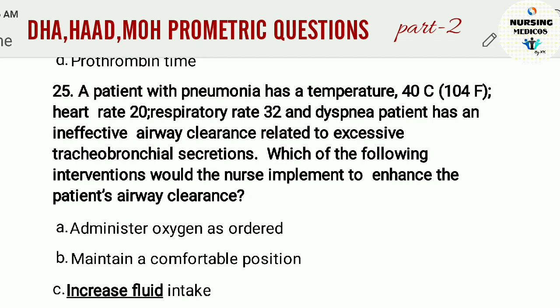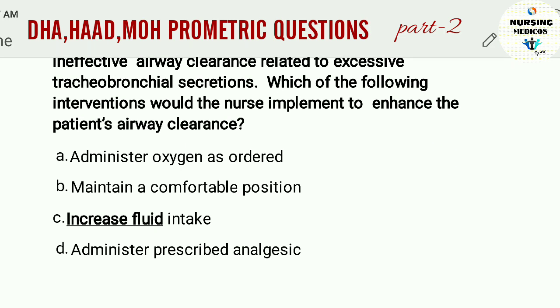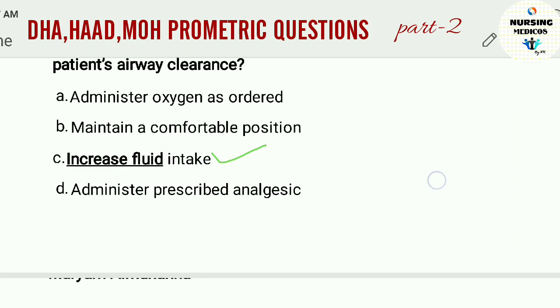Which of the following interventions would the nurse implement to enhance the patient's airway clearance? Option A, give oxygen as ordered. Option B, maintain a comfortable position. Option C, increase fluid intake. Option D, give analgesics. So our answer is to increase the fluid intake.